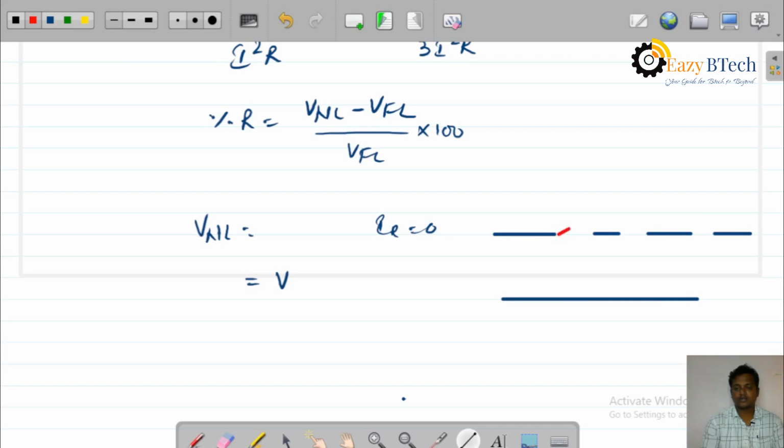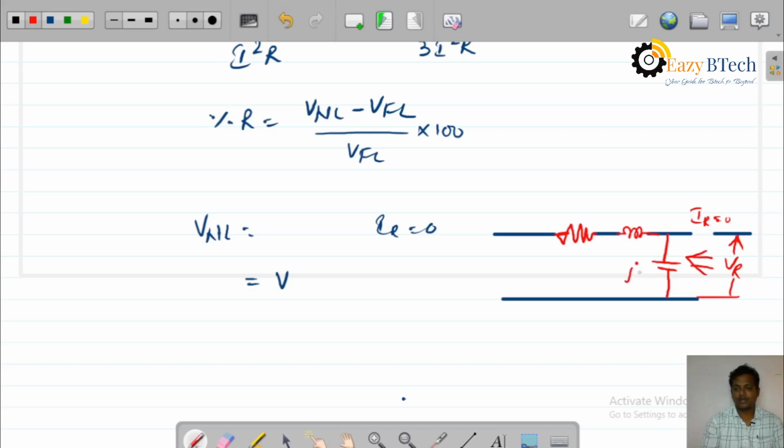This is resistance, this is inductance, this is capacitance. IR equals 0, so it is open circuited. Therefore, the receiving end voltage is nothing but the voltage across the capacitance.